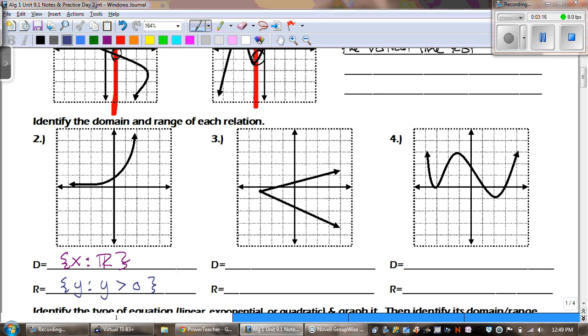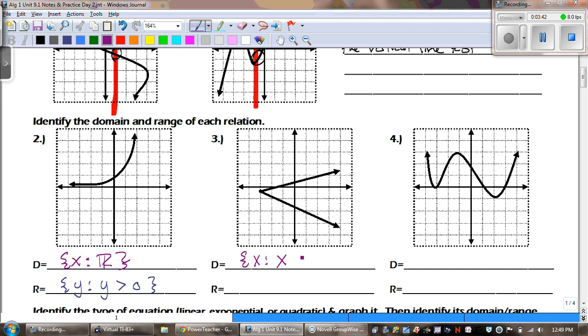All right, let's look at number 3. What's our domain? Does it ever get past that point? No, it doesn't. Okay, so I see a specific start for it, and that is at the point -3.